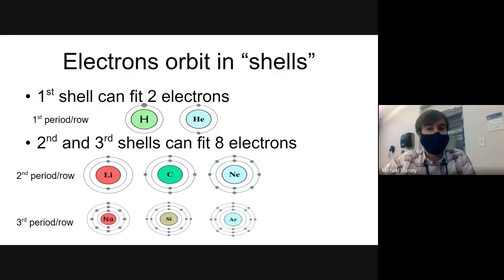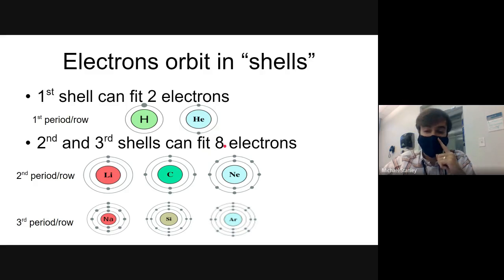If you have more than 2 electrons in your atom, like most atoms do, that means you have to start filling out your second and potentially even your third shell. So our second shell and our third shell can both fit up to 8 electrons. Not 18.